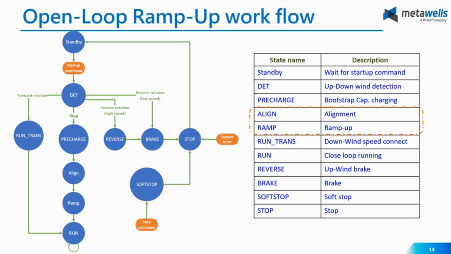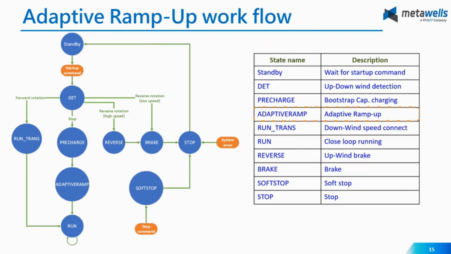Additionally, if a system error is detected here, the system enters the stop state as part of its protection mechanism to halt motor operation. And when the start command is received, the motor transitions to soft stop to stop smoothly.